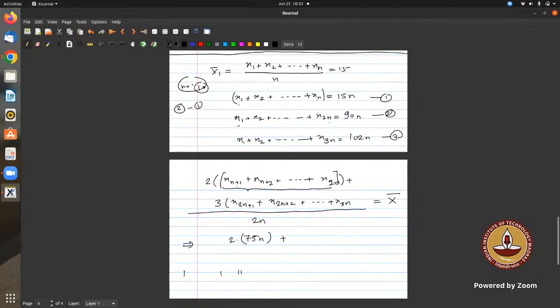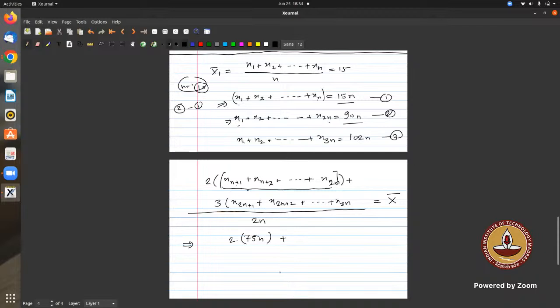So 1 to 10, I have the sum given by this equation, and this equation gives me the sum from 1 to 20. I wanted the sum from 11 to 20, and the subtraction is 2 minus 1. If I subtract, I get the sum of this: 90n minus 15n becomes 75n. Okay, it's fine.